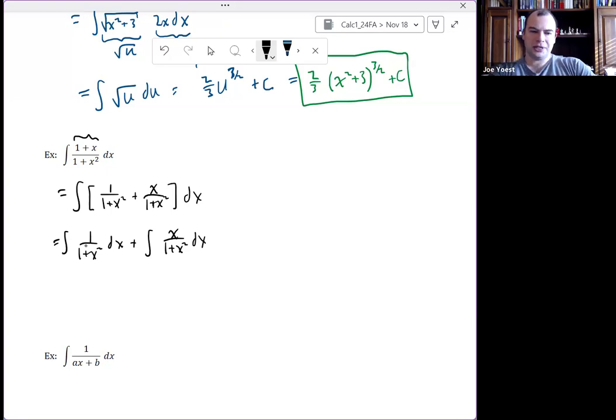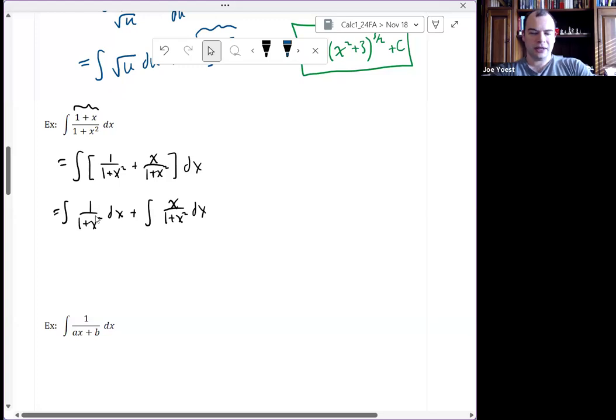Well, nicely enough, I know exactly what the first one is. I recognize this. I know whose derivative is 1 over 1 plus x squared. That's just arctan x.